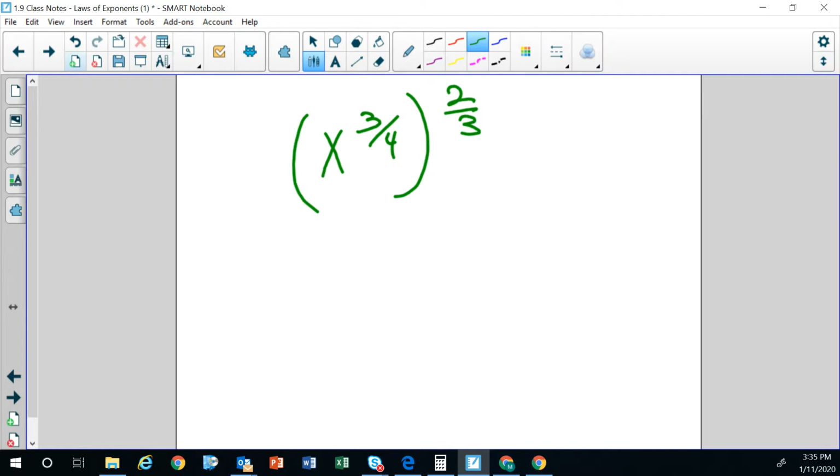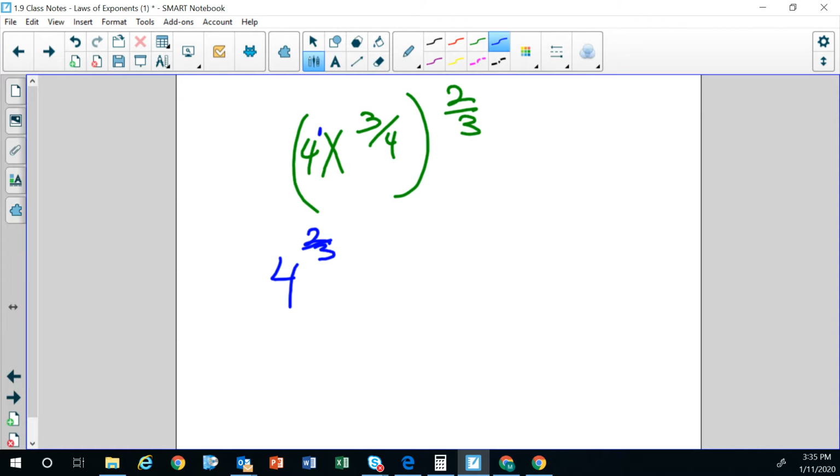And let's make it more interesting and put a coefficient here. Let's go with, say, 4x to the 3/4 raised to the power of 2/3. My first step is to put an exponent or power of 1 next to 4. Then I'm going to distribute. That's going to give me 4. What is 1 times 2/3?